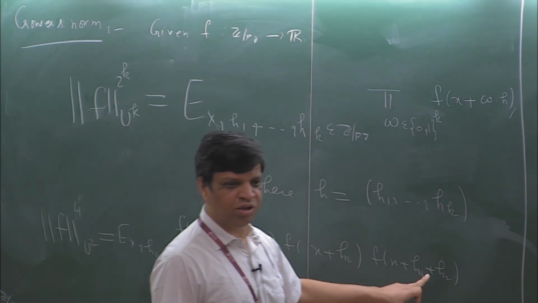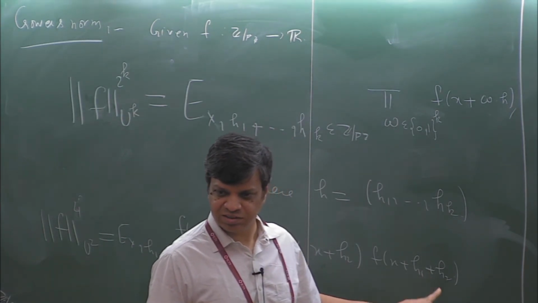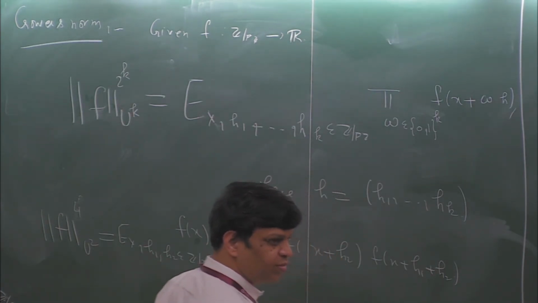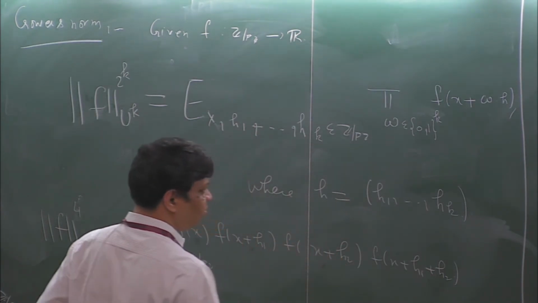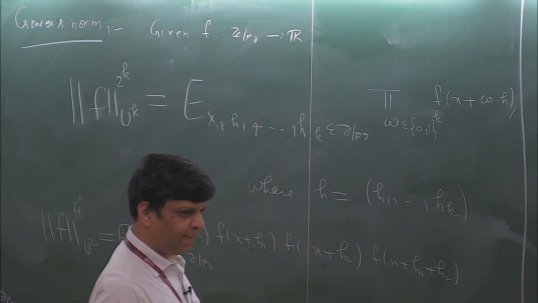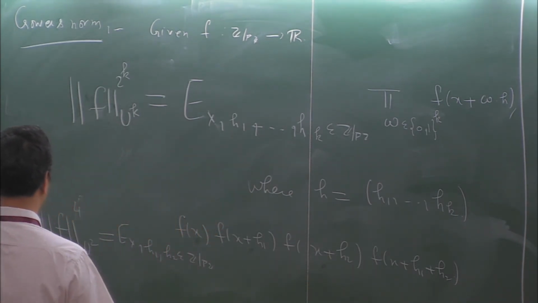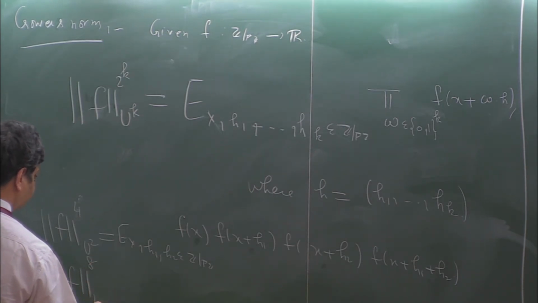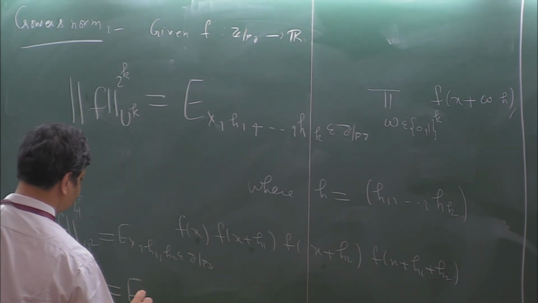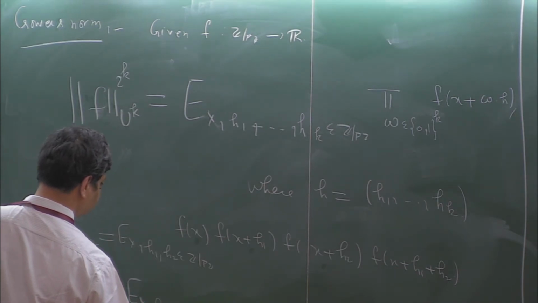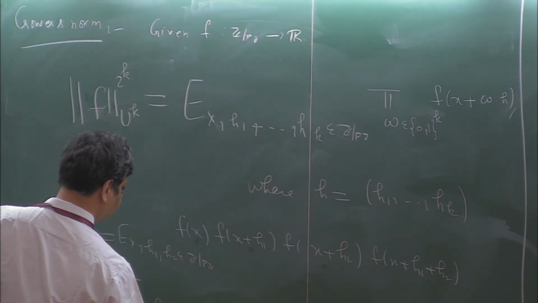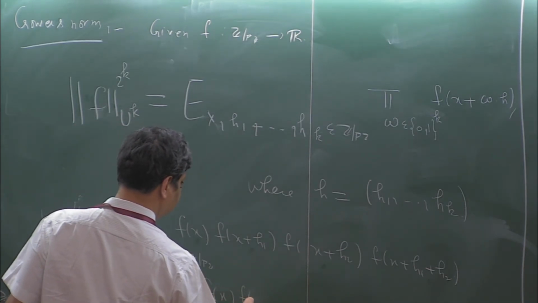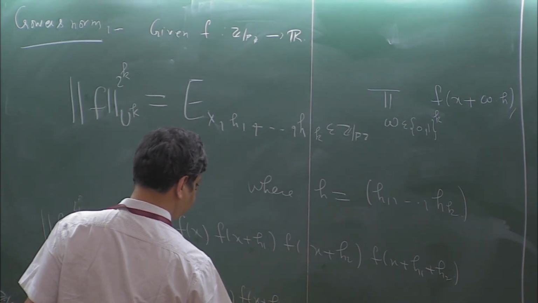This corresponds to W is equal to 1 comma 1. Similarly, norm f U3, h1.